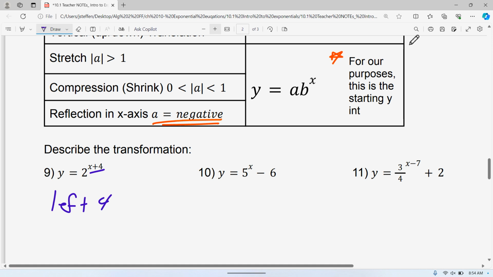Remember, in the exponent is left and right, and it always seems like it's opposite. Number 10, it is down 6. Not for nothing, but number 9 and 10 are both growth problems because the base number is bigger than 1. You don't have to write that down, but it's good to keep that in the front of your head.